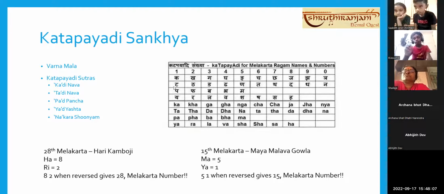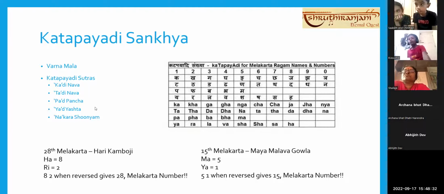Tadinava. From Ta again you count 9. Ta, tha, da, dha, na, ta, tha, da, dha. Count 9 and use them. Associate them to the numbers. Ta is 1, Tha is 2, Da is 3, Dha is 4, like that. Associate to the 9 numbers. Pad Pancha. Pa, Pha, Ba, Bha, Ma. Count 5 from Pa. Pa, Pha, Ba, Bha, Ma. 5. Okay.